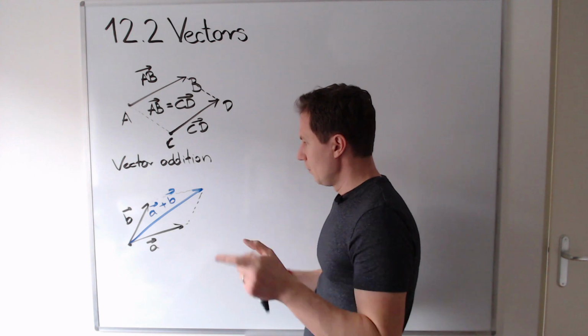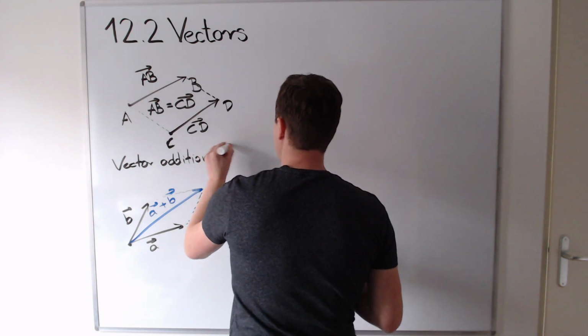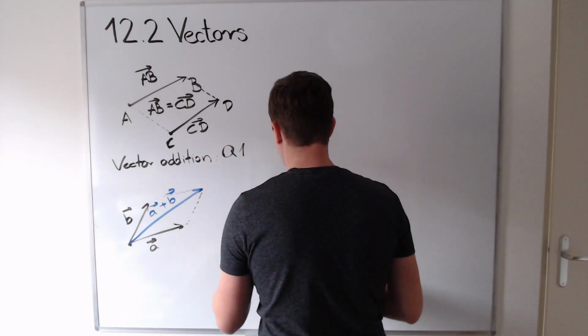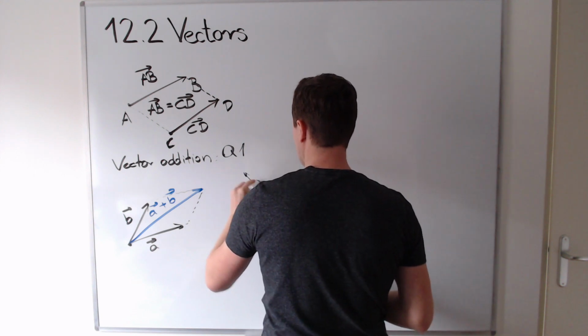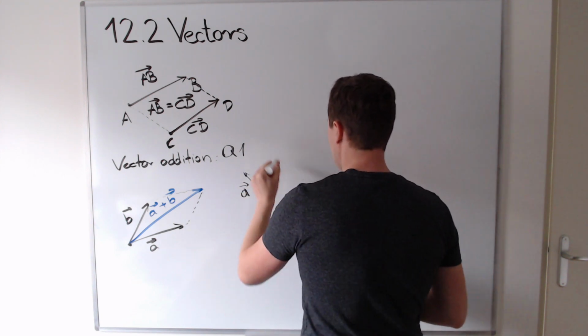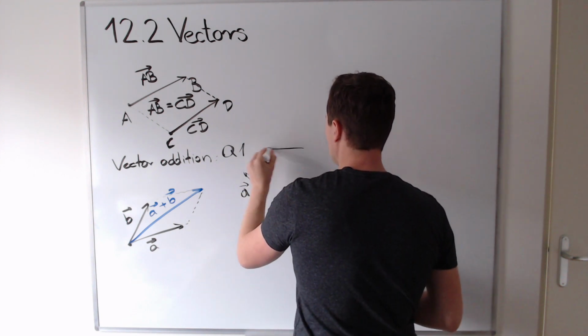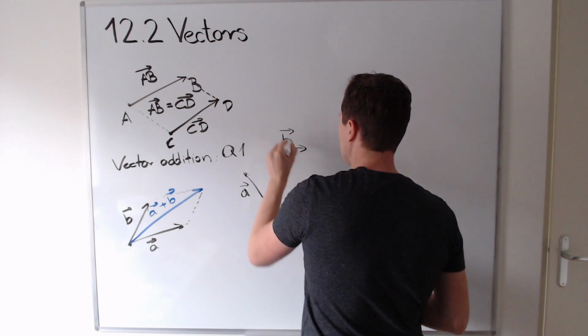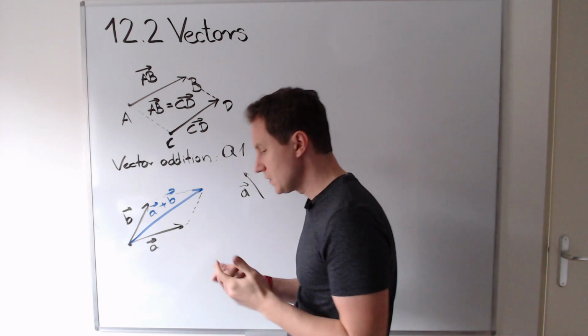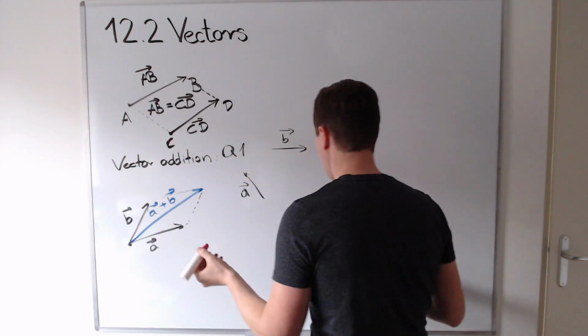Now my first question to you is, take these two vectors, let's call this one A and this vector B. What's the sum of these two vectors? You will have four options.